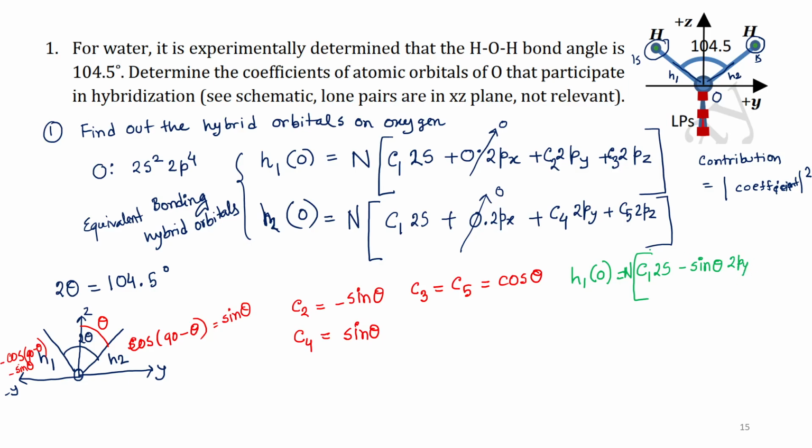I am not writing psi; the 2py itself is the atomic orbital. What about H2 on oxygen? That is the normalization constant times C1 2s plus sine theta 2py plus cos theta 2pz.